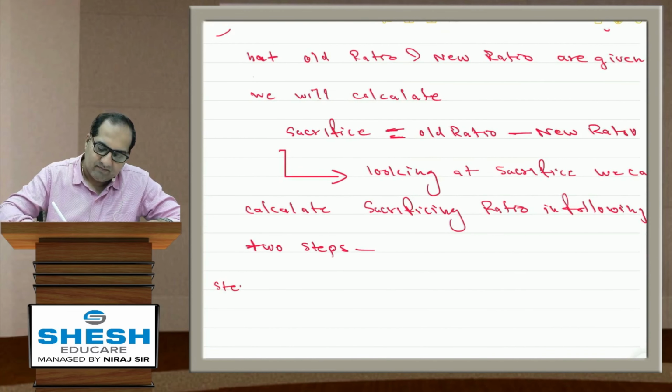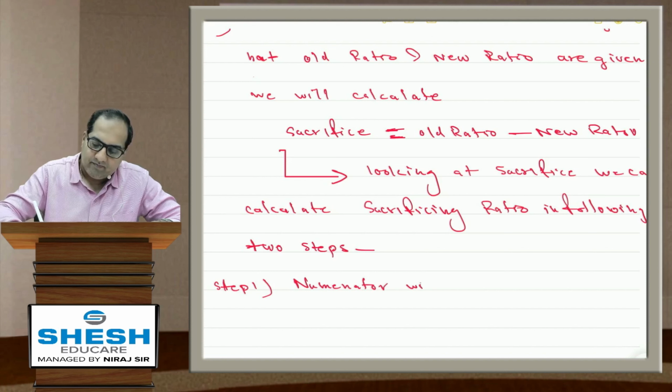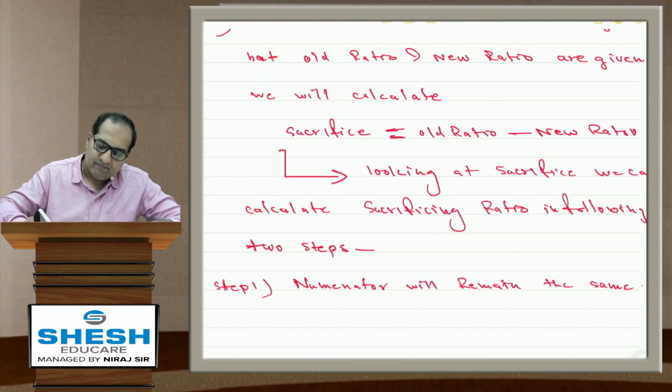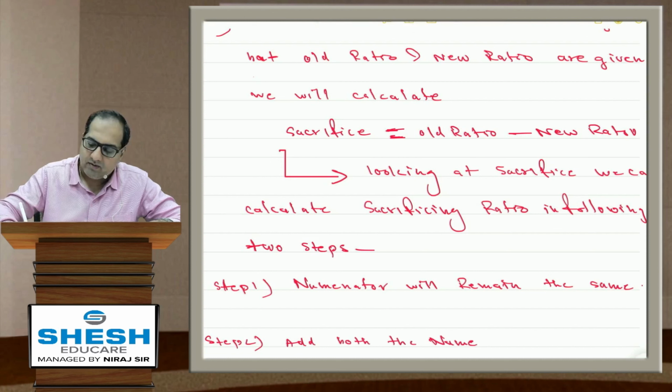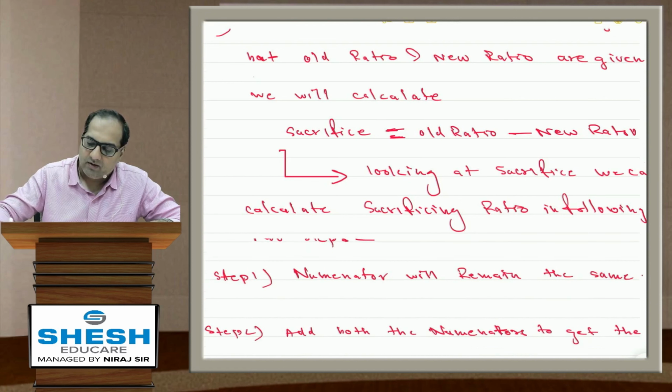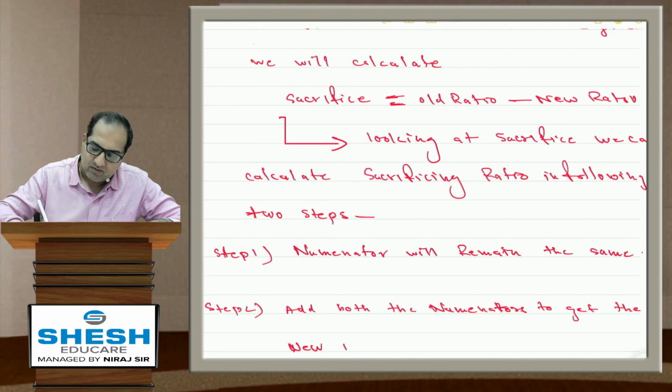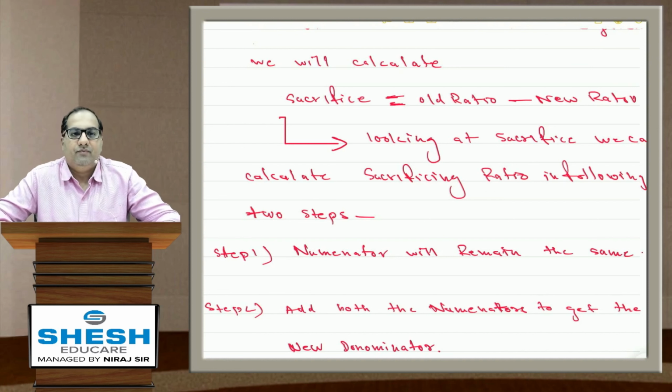Step 1, numerator will remain the same, and step 2, add both the numerators to get the new denominator. You understood what I'm saying?